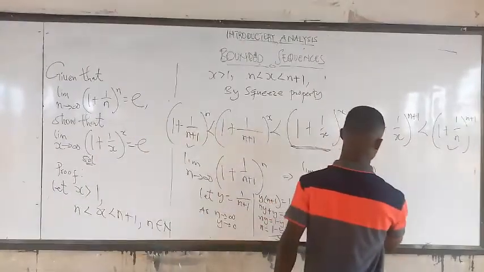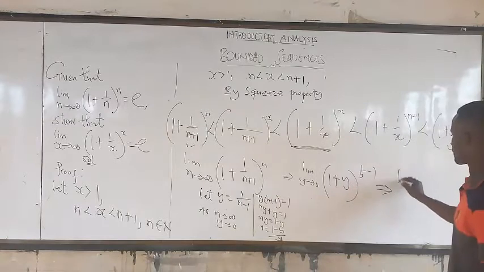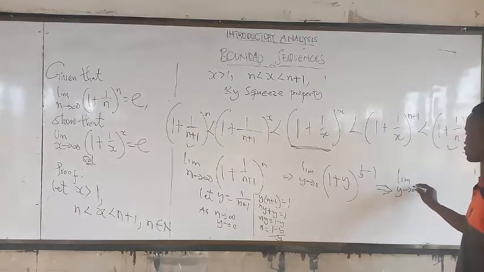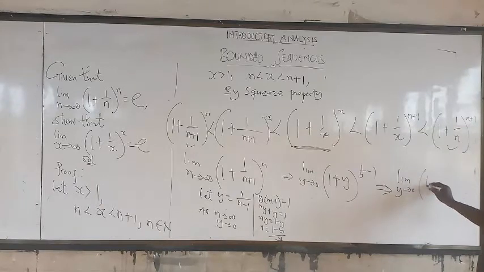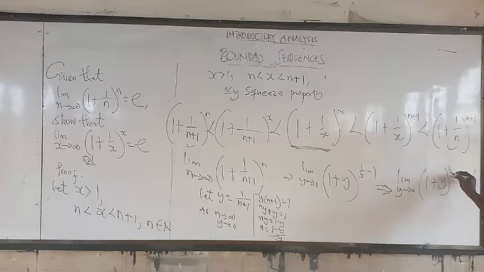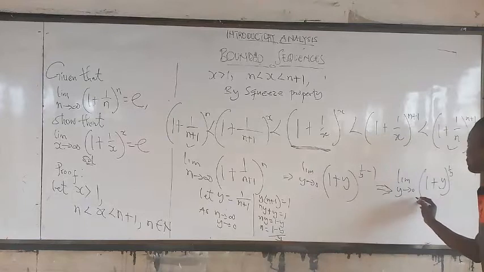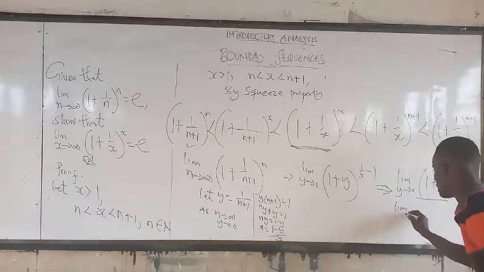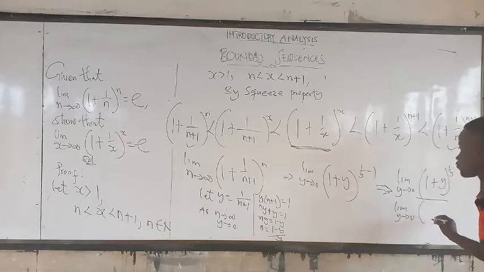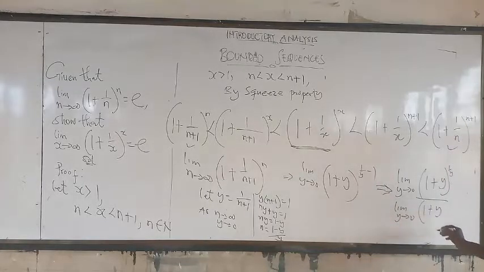Then this is equal to the limit as y approaches 0 of 1 plus y raised to the power 1 over y, divided by, because here is negative, the limit as y approaches 0 of 1 plus y to the power 1. We have already established this in our previous video.